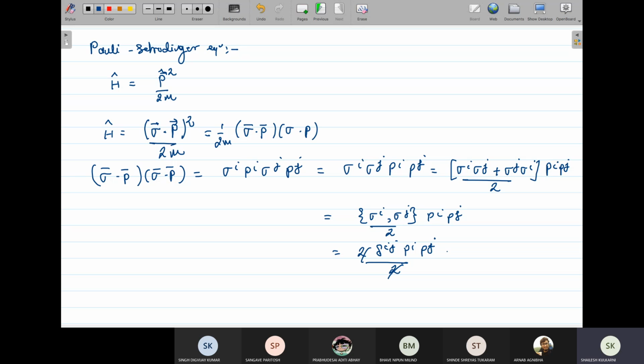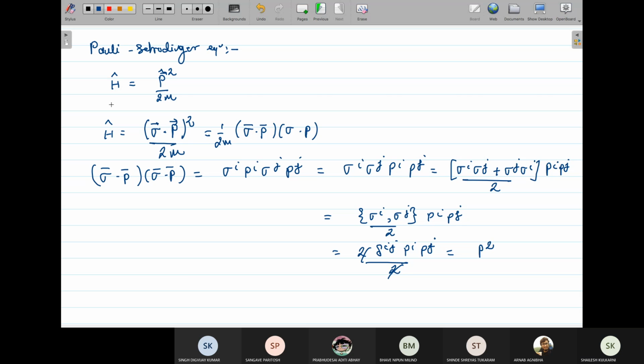Delta_ij p_i p_j is just p square. So this Hamiltonian is the same as the earlier Hamiltonian, written in a different form.